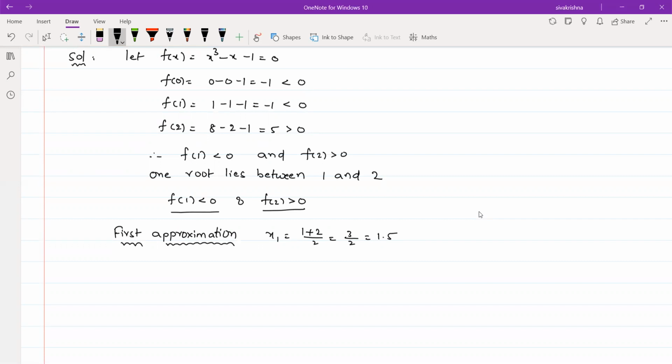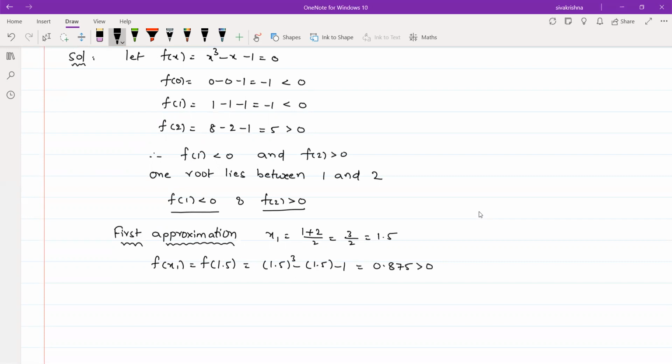After getting x1, we immediately have to find f of x1. It means we have to substitute the value of x1 in the given equation: 1.5 whole cube minus 1.5 minus 1. On simplification, we get 0.875, which is a positive answer.